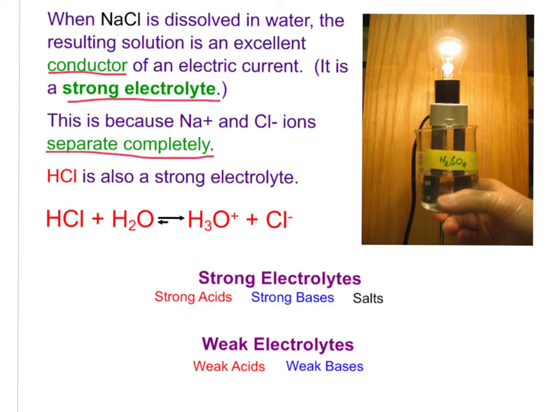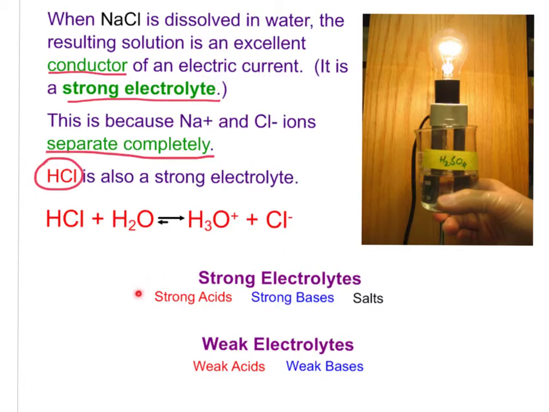An electric current can be run through. So, lo and behold, might shock you, but HCl is also a strong electrolyte. When that is dissolved into water, it produces, remember we said that's a strong acid, it dissociates almost completely. And so it's also a strong electrolyte.